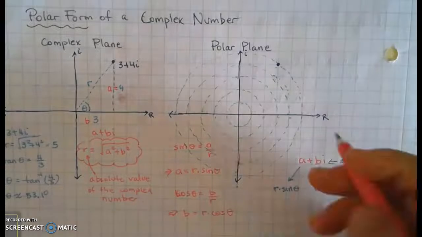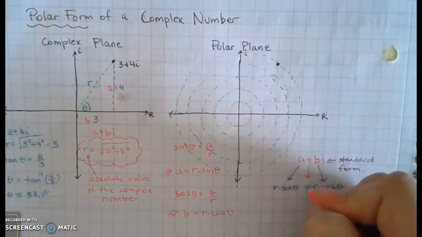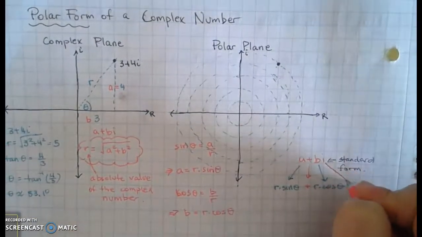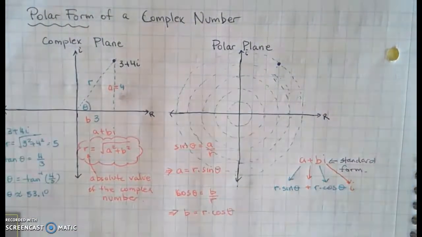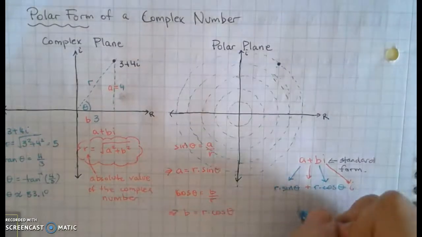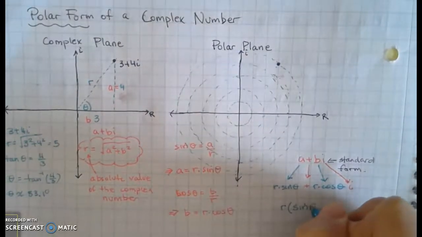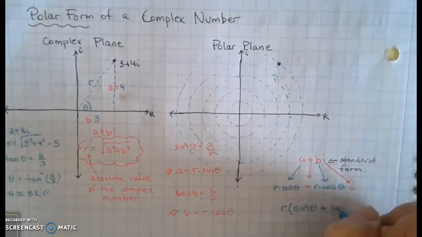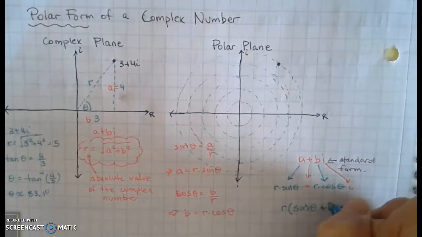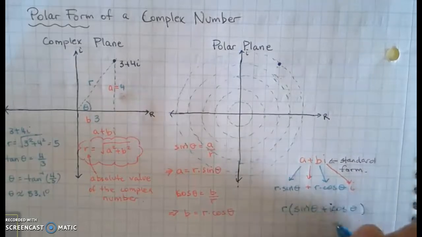And to that, we need to bring down the addition, and we need to bring down the I, and this simplifies to R multiplied by sine of theta plus cosine of theta times I times cosine of theta.